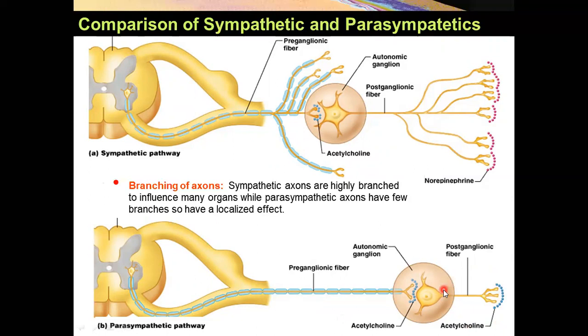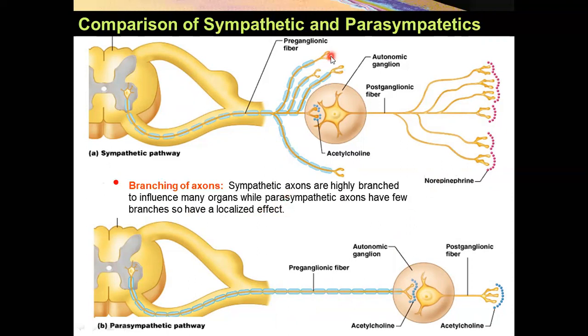This is explained by the difference in branching of axons in the sympathetic nervous system and in the parasympathetic nervous system. As you see in this drawing, sympathetic axons are highly branched to influence many organs, while parasympathetic axons have few branches, so have a localized or focal effect.